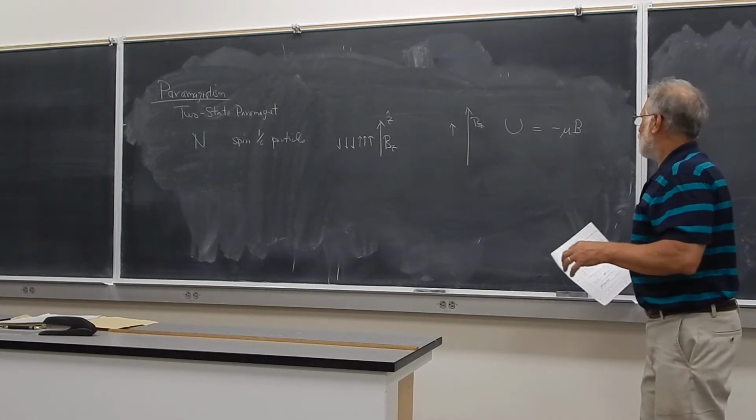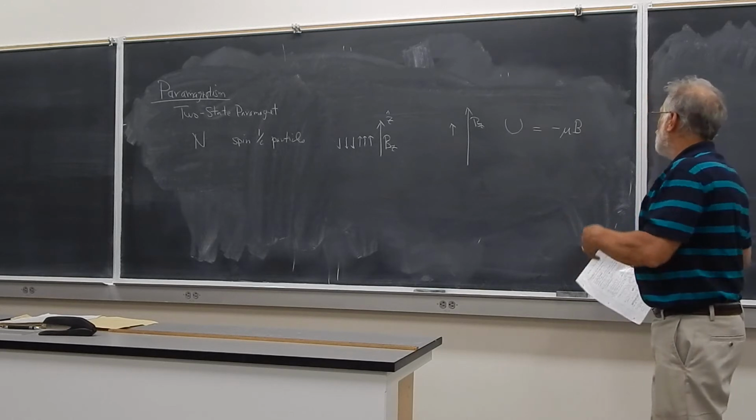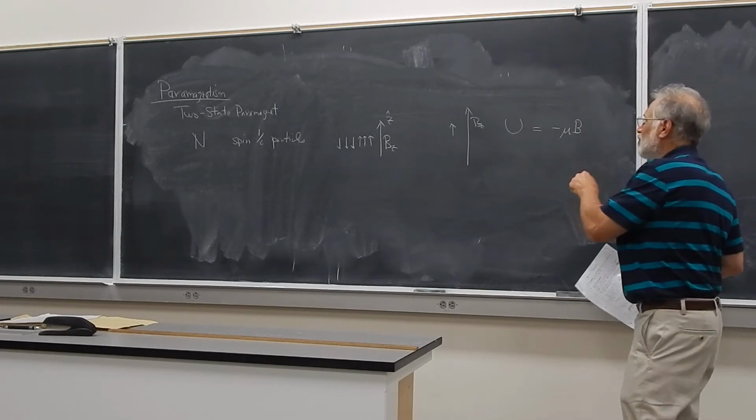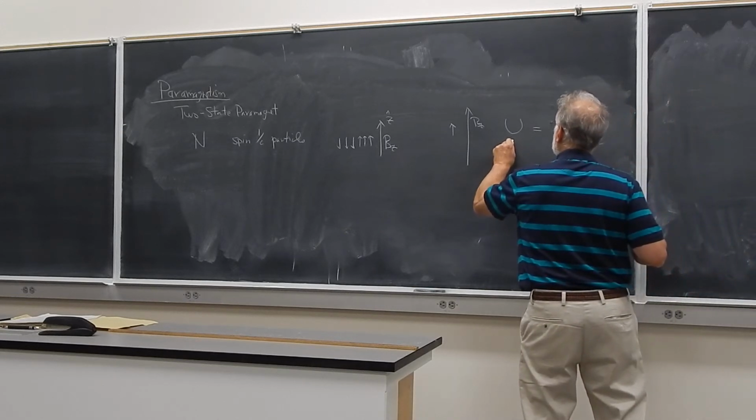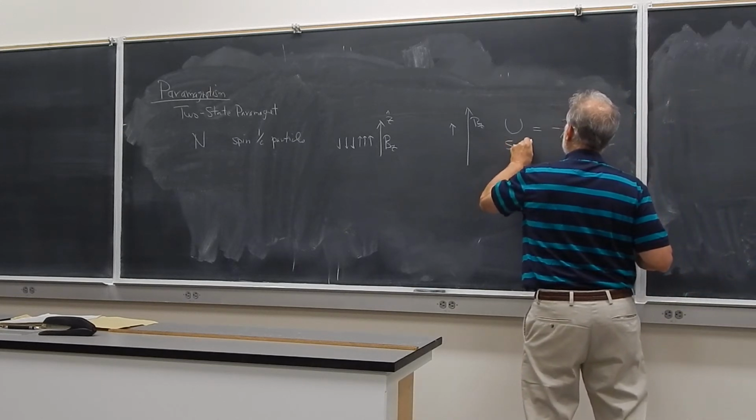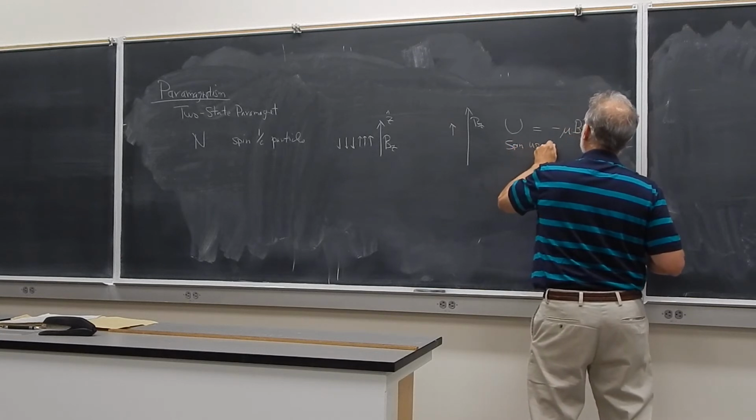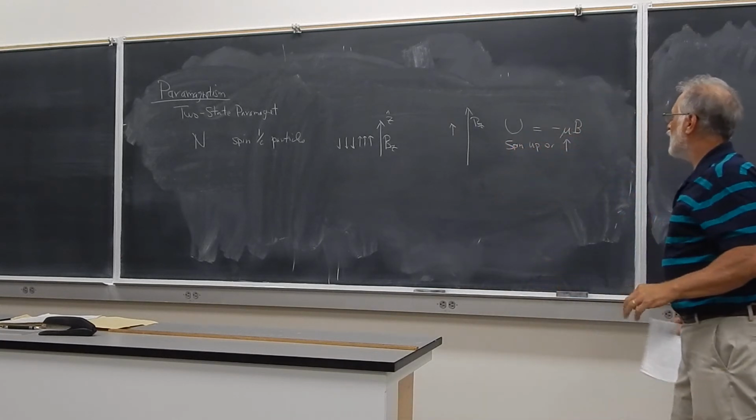In general, of course, it would be minus mu dot b, but in this case mu and b are aligned parallel. So this is for what we'll call spin up, or we'll give it the up arrow.